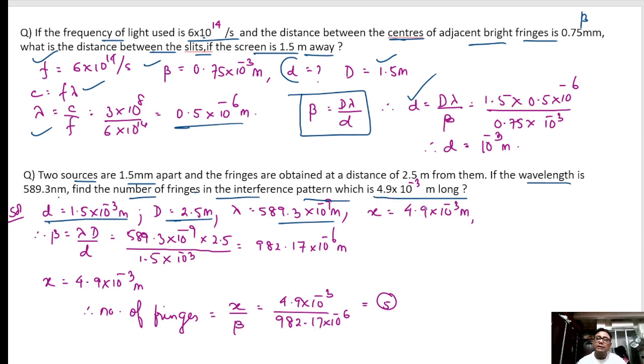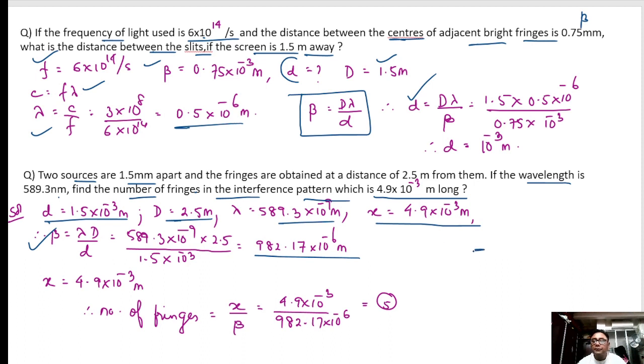Okay, so the distance of the interference fringes is given. First we will find the fringe width, which is this.